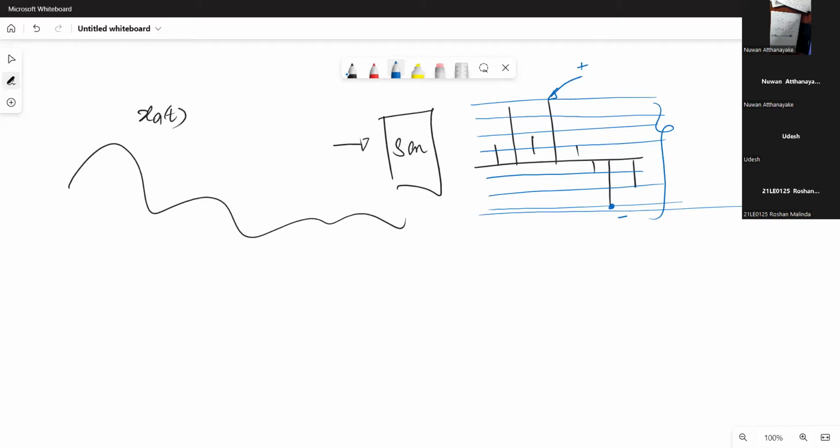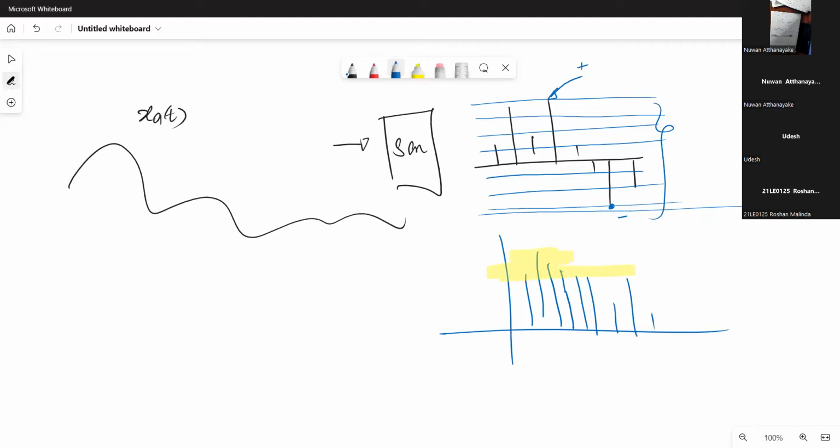For example, if the samples are like this, we can see that all these peaks lie in this region. One or two samples may be here.